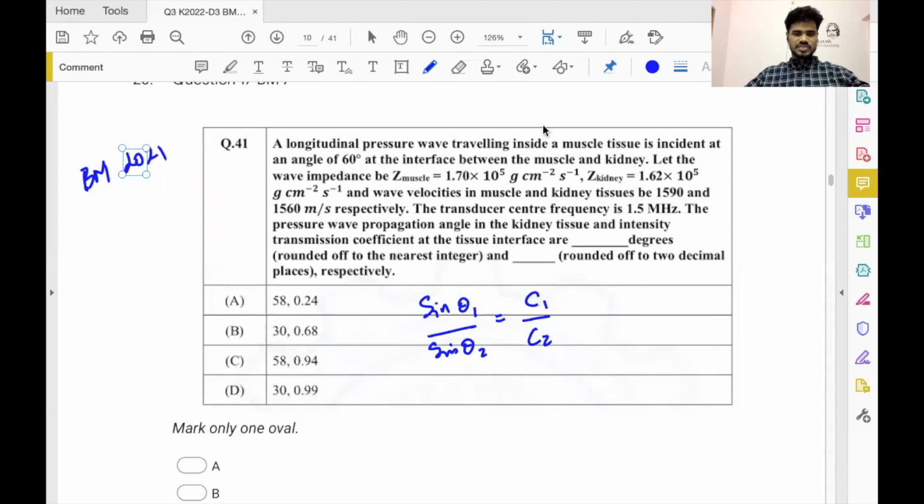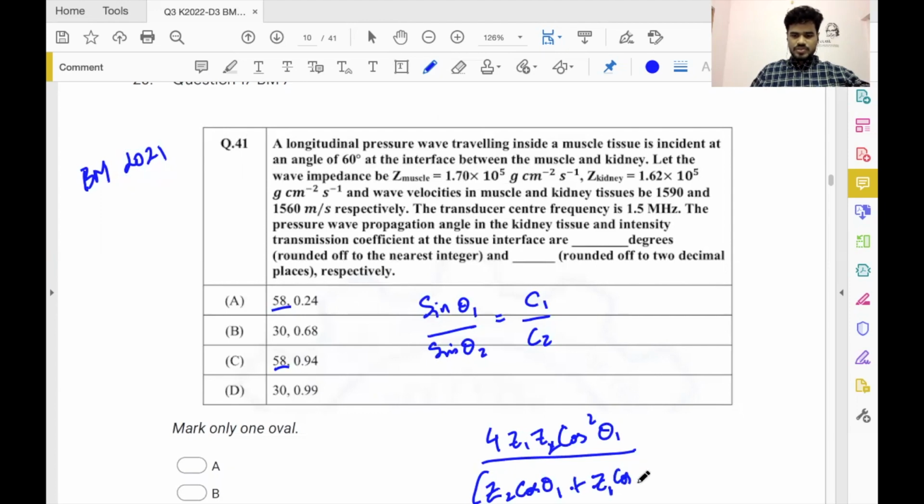If we use this, you should get the transmitted angle to be 58, and then we have to do the intensity transmission, right? What is the intensity transmission formula? Anyone remember that? It is 4 Z1 Z2 cos square theta 1 upon (Z2 cos theta 1 plus Z1 cos theta 2) whole square.